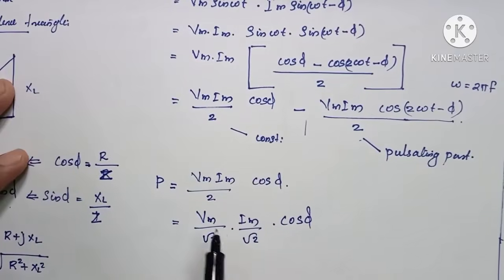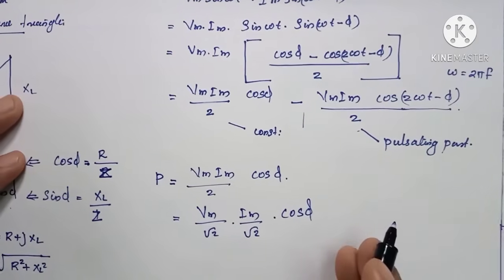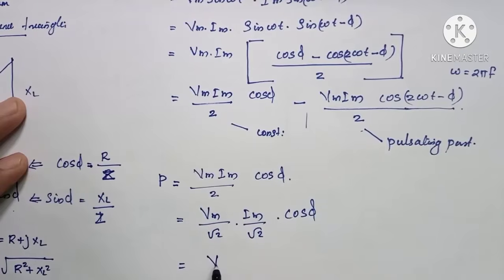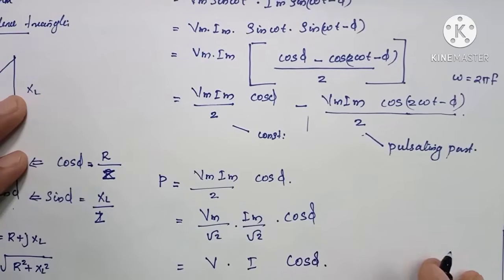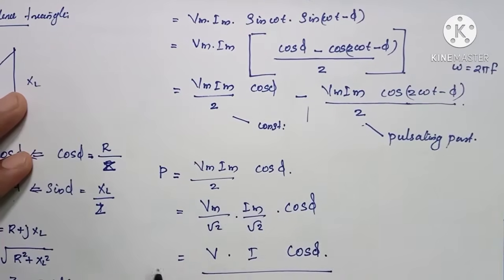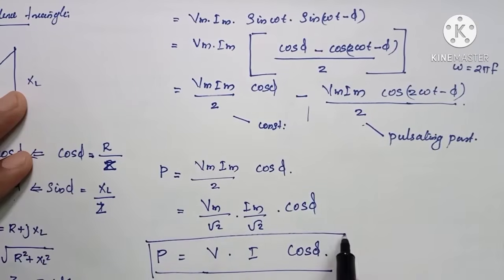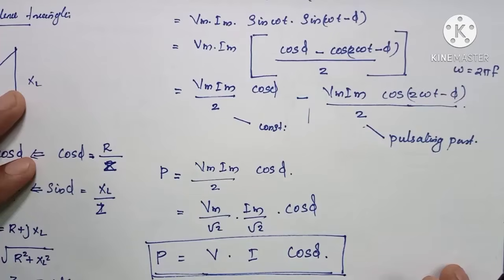Vm by root 2 and Im by root 2 are the RMS values of voltage and current, so capital V and capital I into cos phi. This will be the equation for power in a pure RL series circuit.